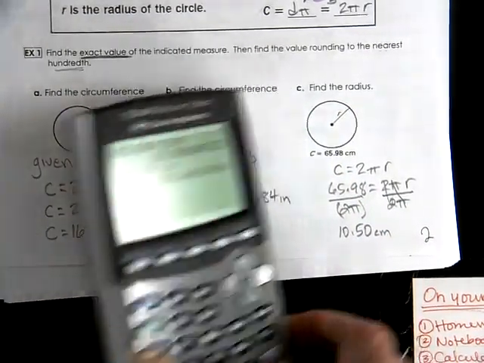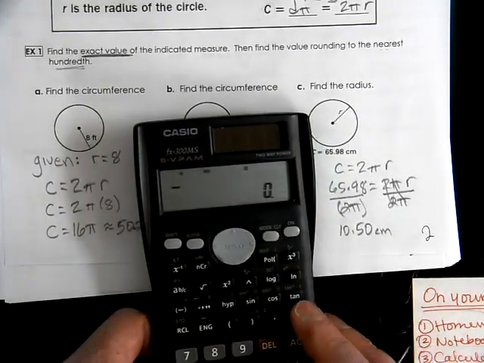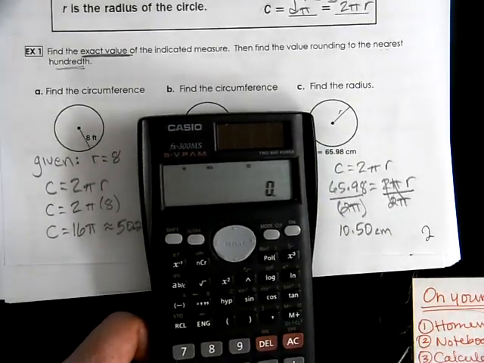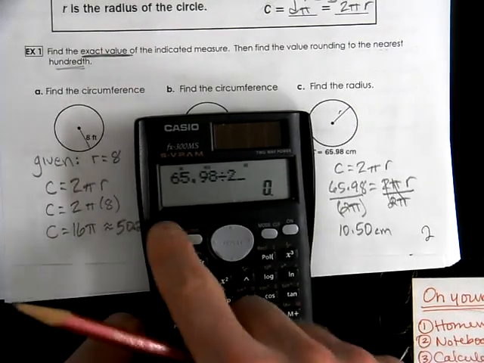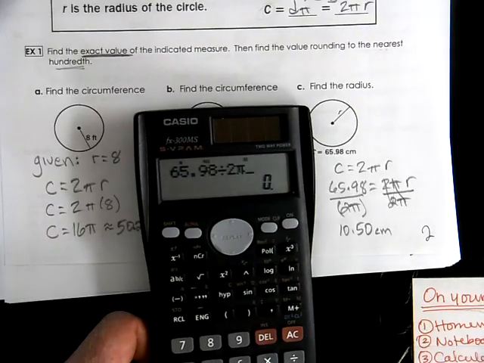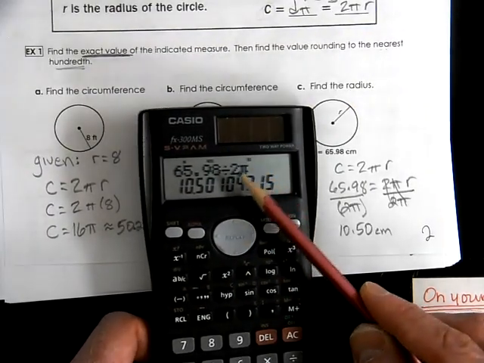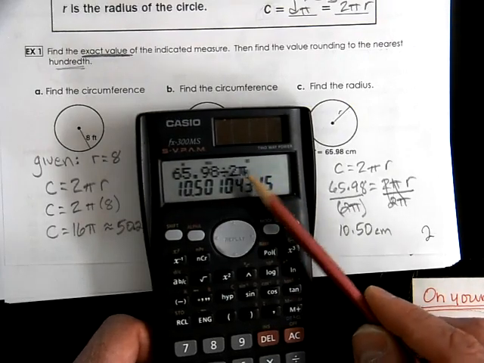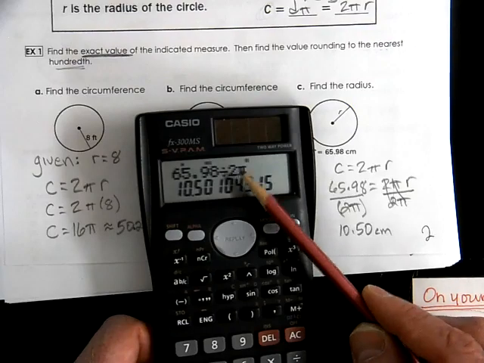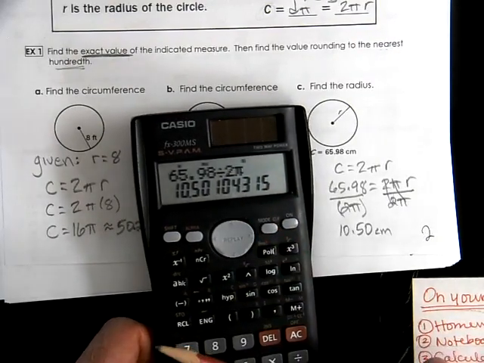Now, some calculators understand what you're trying to attempt. And we have our 65.98 divided by 2 pi. And it's combining both the 2 and the pi together. So it's implying that you're dividing by parentheses 2 pi. So it's giving you the right answer.